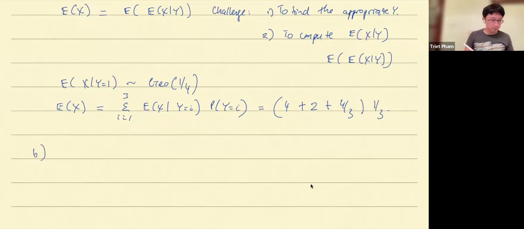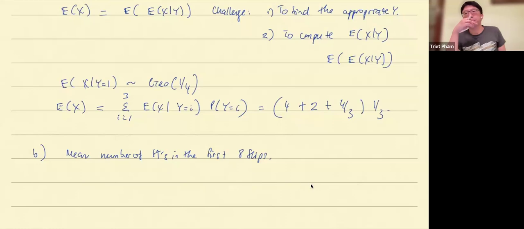Question B asks to find the mean or expected number of heads in the first 8 flips. How do we do this?